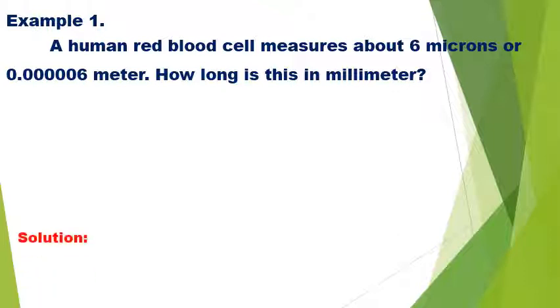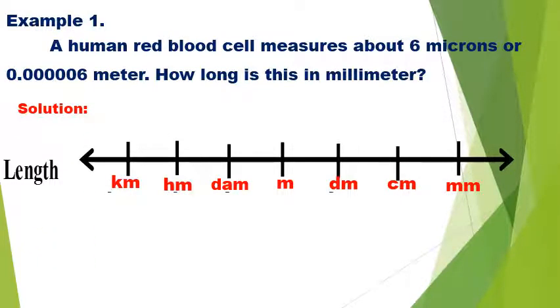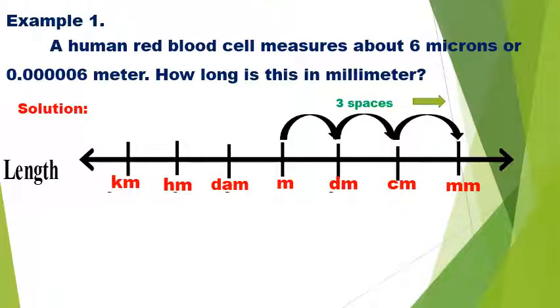So using our metric converter, first let us identify the unit that we want to start with, and that is meter, and the unit that we want to end with, which is millimeter. So the distance from meter to millimeter is, we have 1, 2, and 3. So meaning there are 3 spaces going to the right.